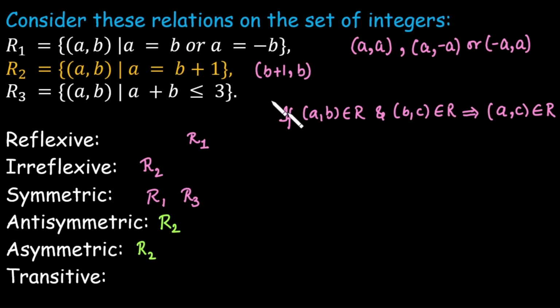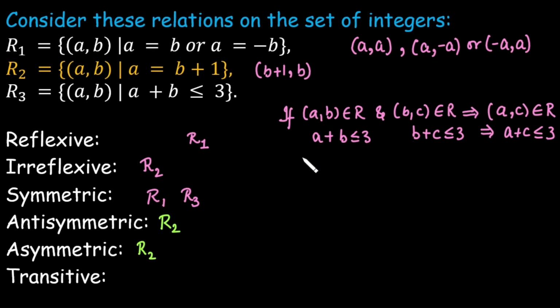Let's start with the third one. If it is a part of the relation, it means it is of the form A plus B less than or equal to 3. In this case, B plus C is less than or equal to 3, we need to show that A plus C is less than or equal to 3. Clearly, this is not a transitive relation.